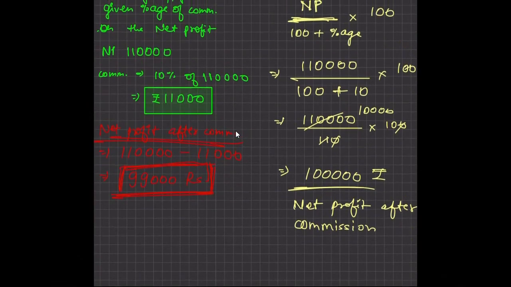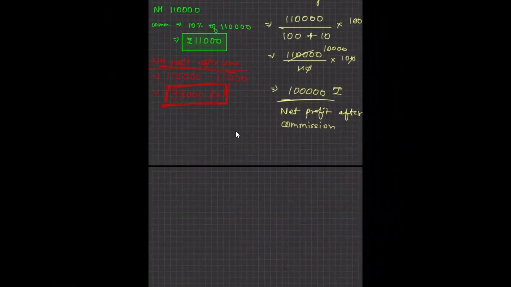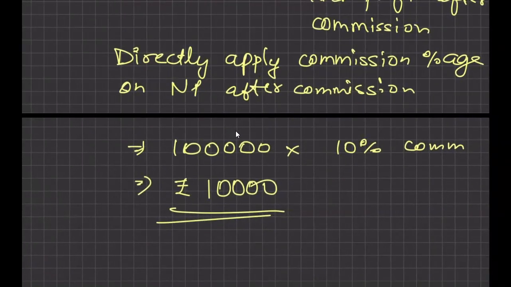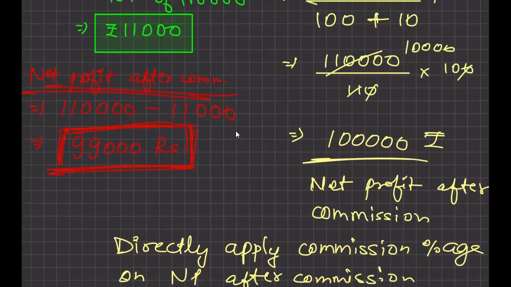Now you can directly apply the commission percentage on net profit after commission. So this would be 1 lakh multiplied by the 10% commission. It would be rupees 10,000. So commission in case number 2 is 10,000, while in case 1 it was 11,000 rupees.